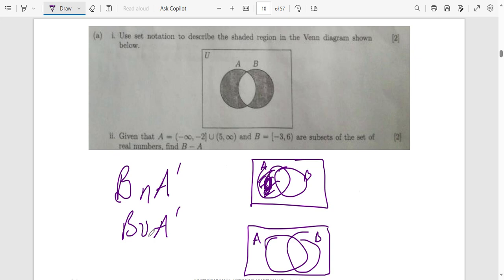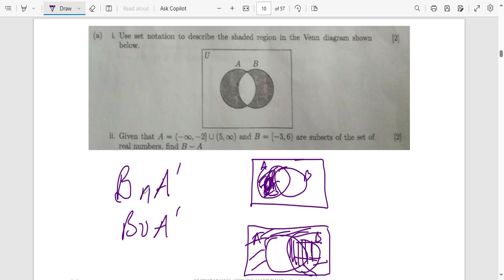Now B union A complement means what is outside A, also shade the entire set B. So this is this one. Because we are only interested in what is outside A, okay?